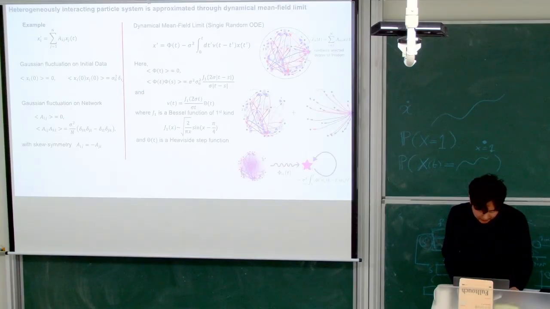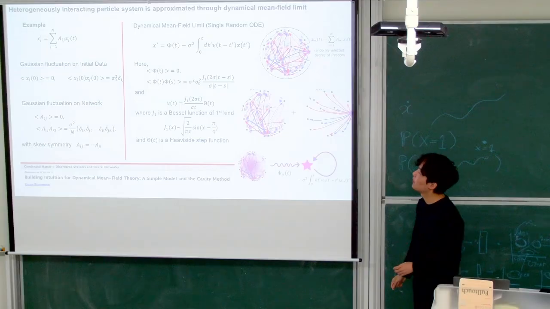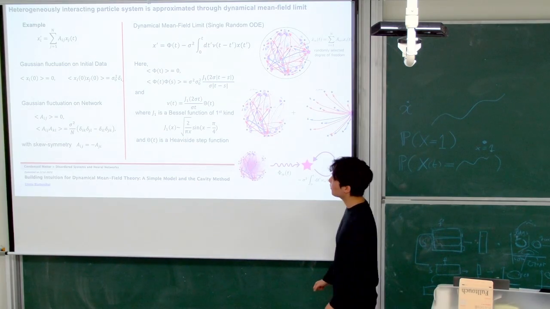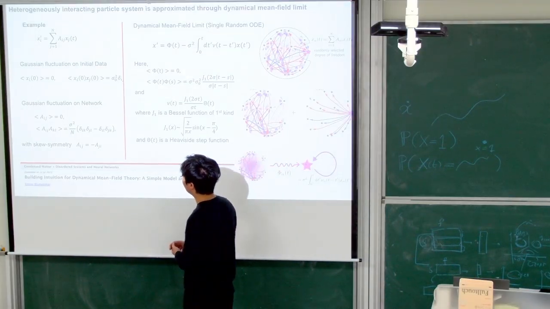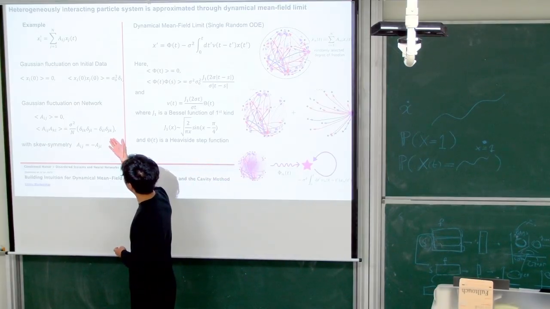So, I can understand the Gaussian fluctuation of the initial data. Could you explain the Gaussian fluctuation of the network? Also, I felt a bit uncomfortable with this expression.